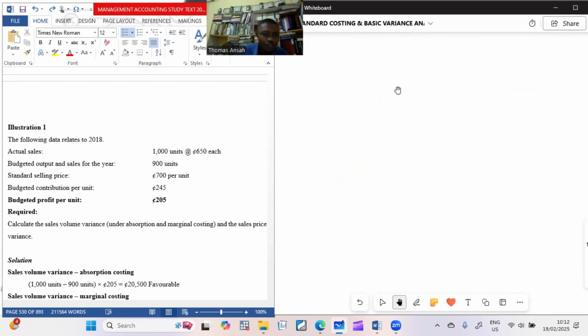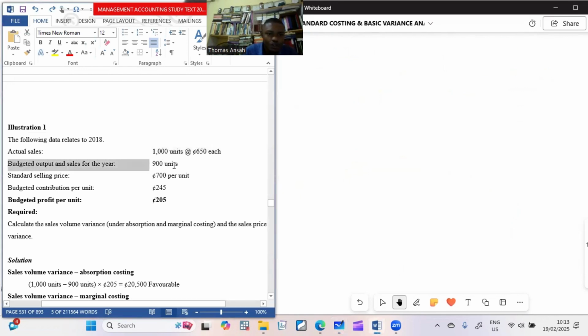So let's look at the illustration. We have the actual sales here, the budgeted output, and the sales standard price is also given, per unit. And we have the budgeted contribution per unit. The budgeted profit is this. So what is missing? Margin is missing.